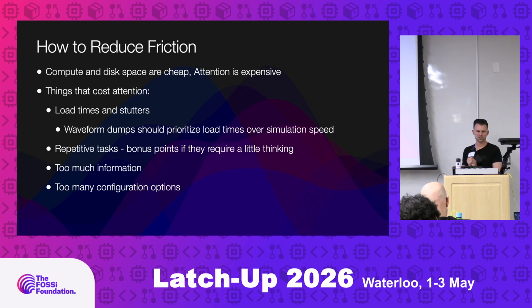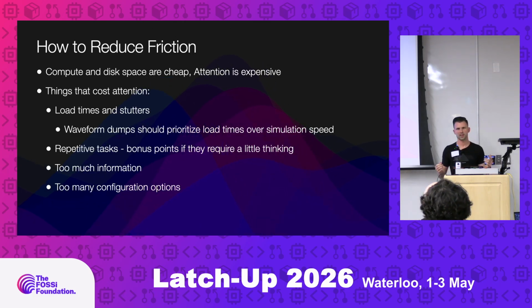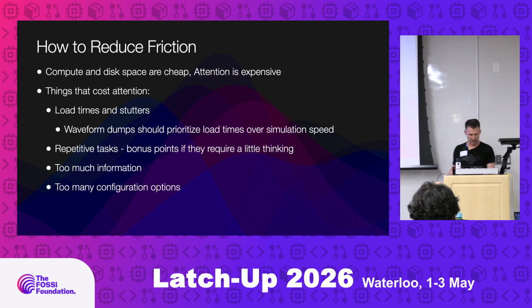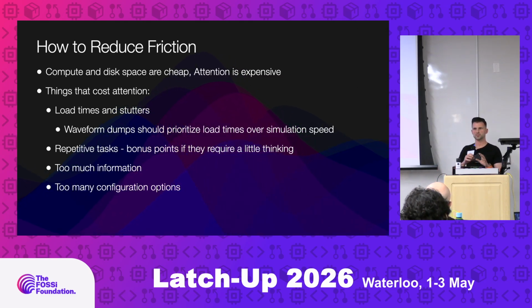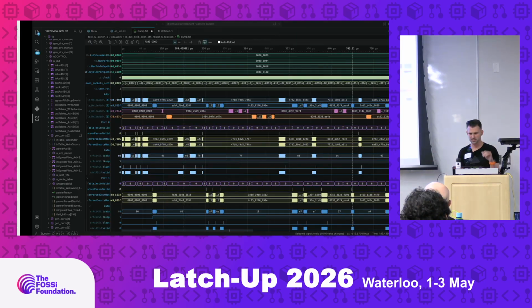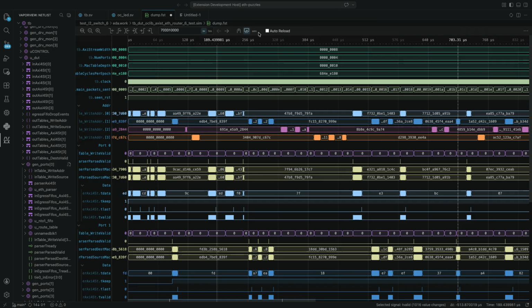Also, too much information and too many configuration options, I don't like that. I read this thing on opinionated design: make the easy things easy and the hard things possible. And I really like that. I have a bunch of configuration options in Vaporview, but I want a good default set of configuration options. So let's take a look at it in action really quickly.